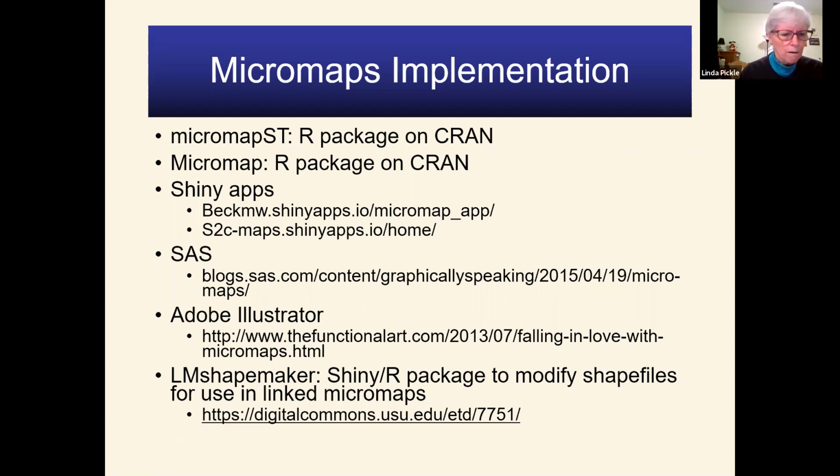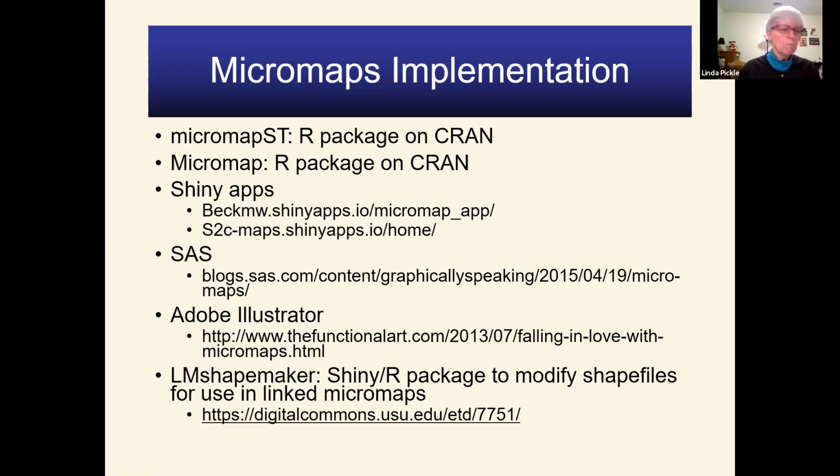Adobe Illustrator shows, I think it was a difficult to create illustration in Adobe Illustrator. I wouldn't want to have to use that all the time, but it worked. And there's LM Shape Maker, which isn't quite out yet, but it's a Shiny R package that will modify your shape files for use in linked micromaps. I've shown you their website, where you can read about that.